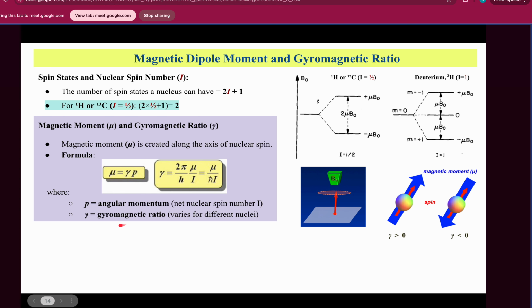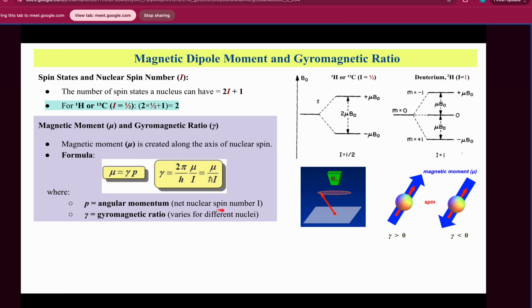And when we say gyromagnetic ratio, it is simply the ratio of magnetic moment to the angular momentum.